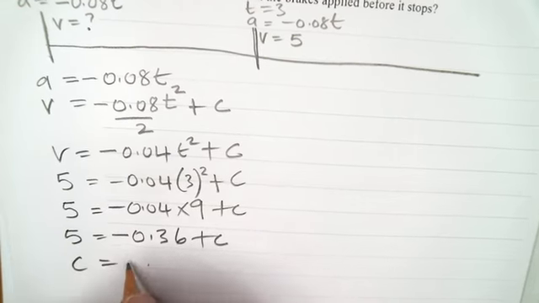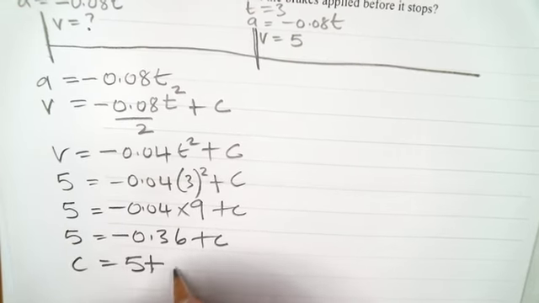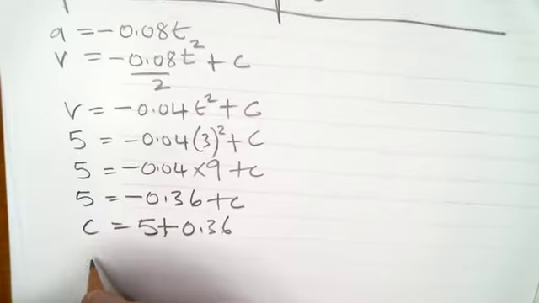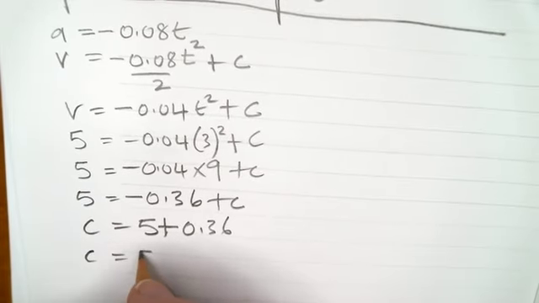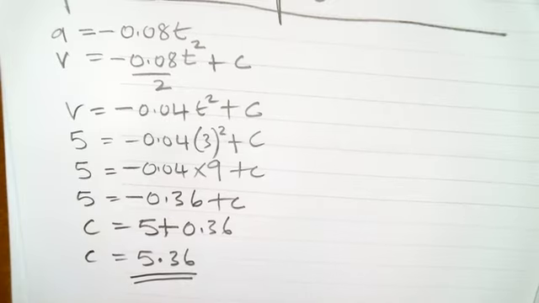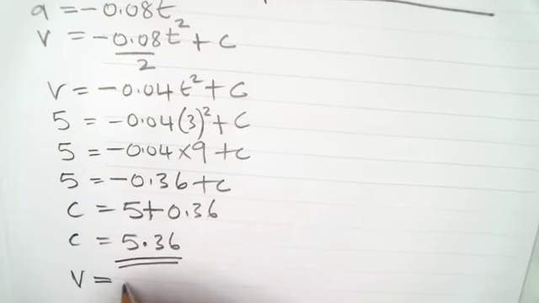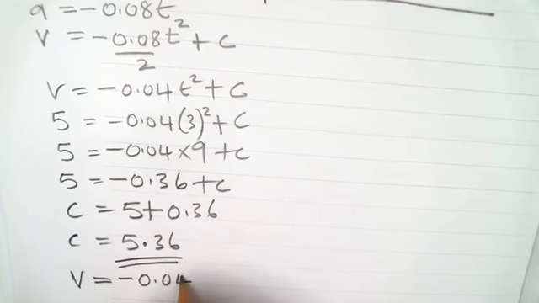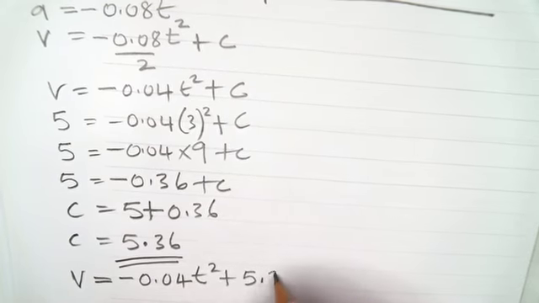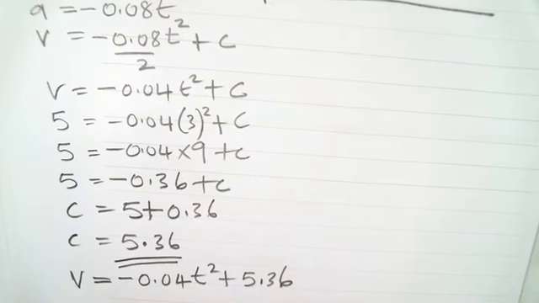So c is equal to 5 plus 0.36. So c is equal to 5.36, and that's going to be meters per second. So velocity now, we've got an equation for velocity, is equal to negative 0.04t squared plus 5.36. All right, so are we getting any closer to where we've got to get to?